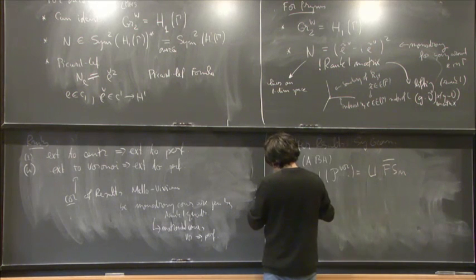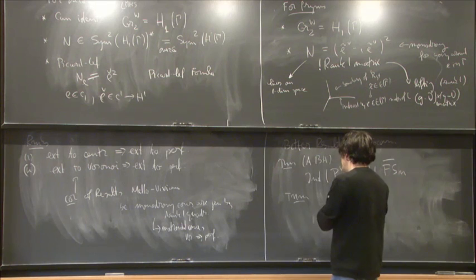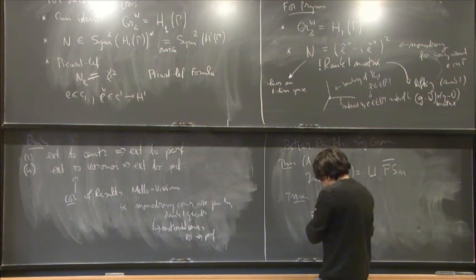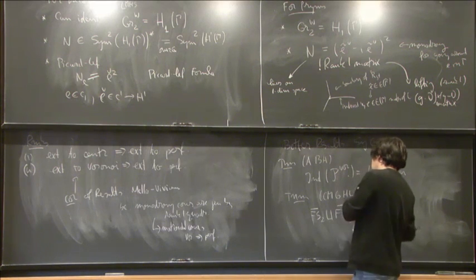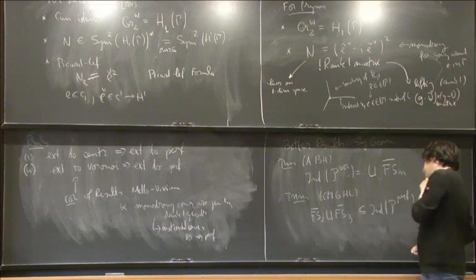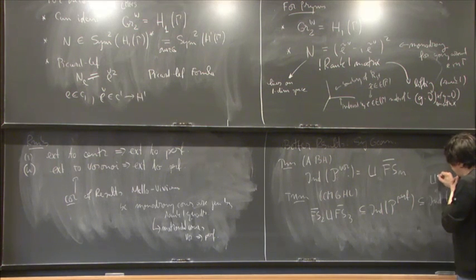And okay, so our theorem is that we know that FS2 union FS3 is included in the indeterminacy of the perfect cone compactification. We know, of course, this is included in the Voronoi compactification, as I said, so this is the union of all these strata.